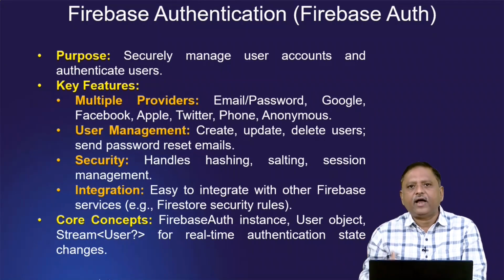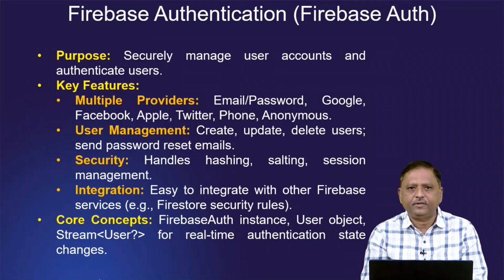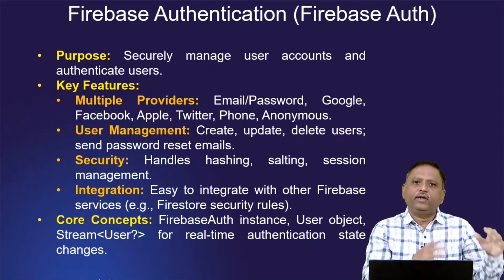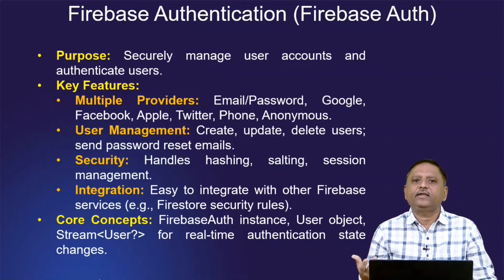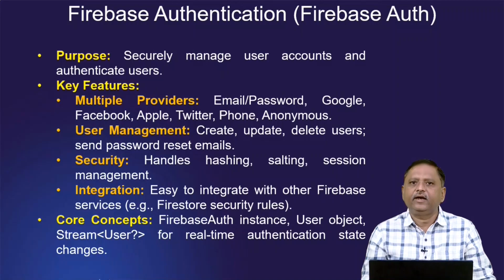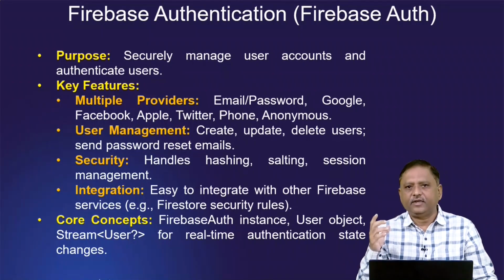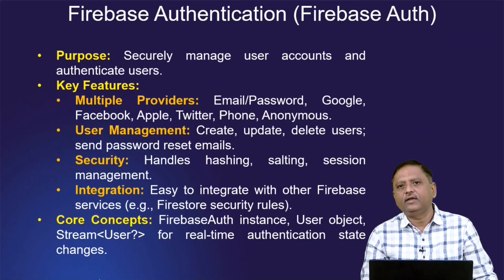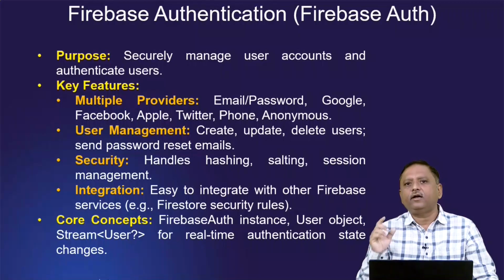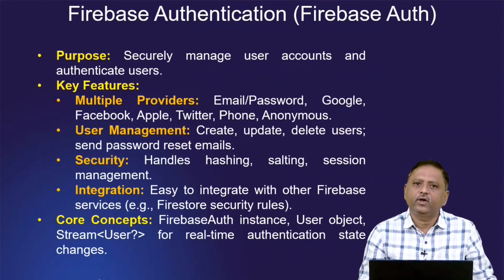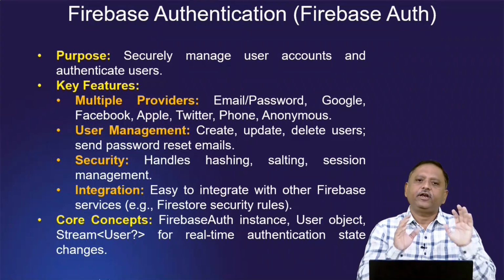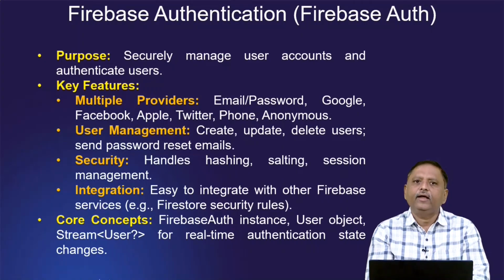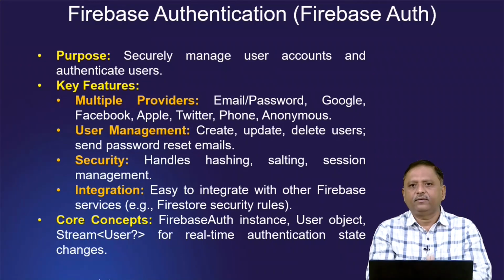Now, let us try to understand core concepts. The Firebase Auth instance gives access to all authentication related features such as sign up, login, logout, password reset and Google sign in. Another term we use is user object, which represents the currently signed in user.